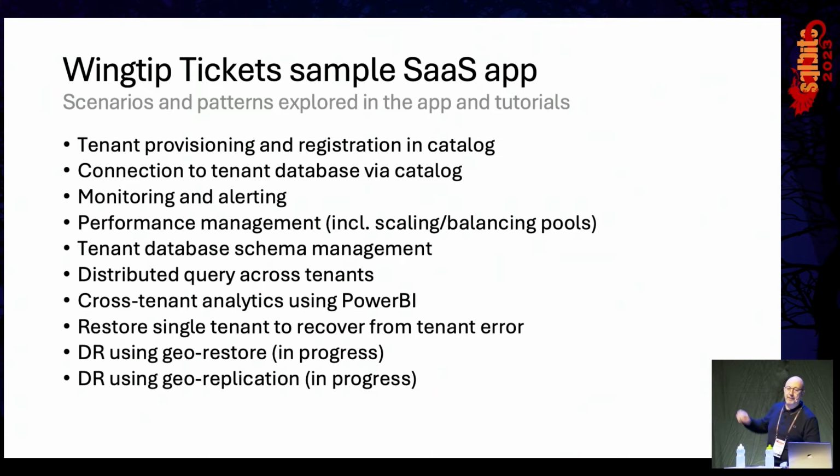So what the Wingtip sample app is providing is a pretty complete set of capabilities: from deploying your tenant databases, registering your tenants in a catalog, connecting the application to each kind of tenant's data, monitoring the application, and alerting.